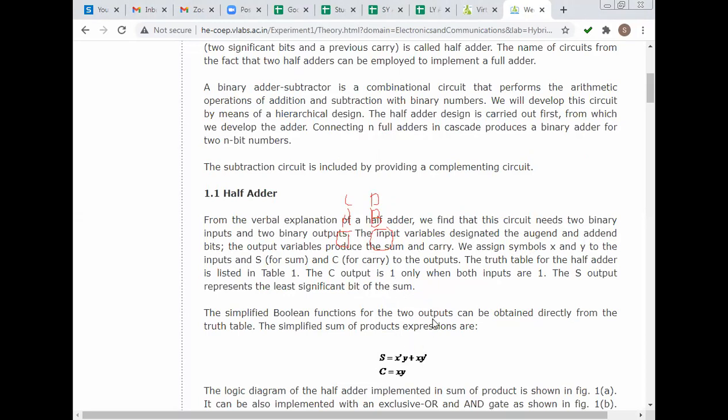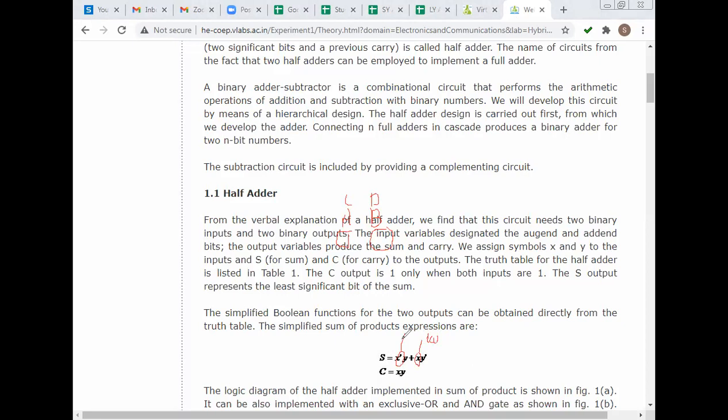What do augend and addend bits mean? One is simply a bit, meaning no complement. Here it is X bar, or here simply X. This is the addend and this is the augend. This is simply the literal, and this is the complement of your literals.